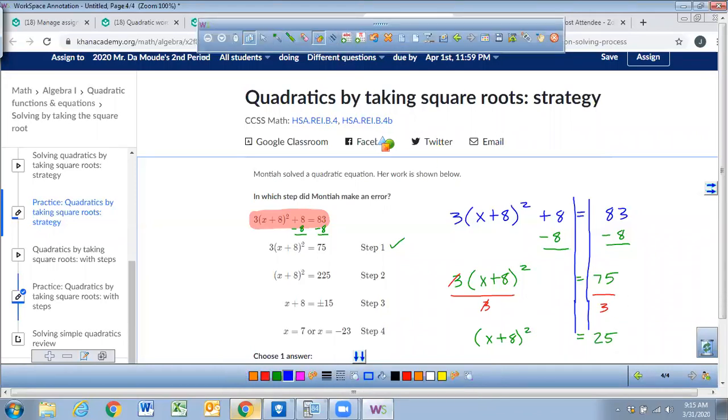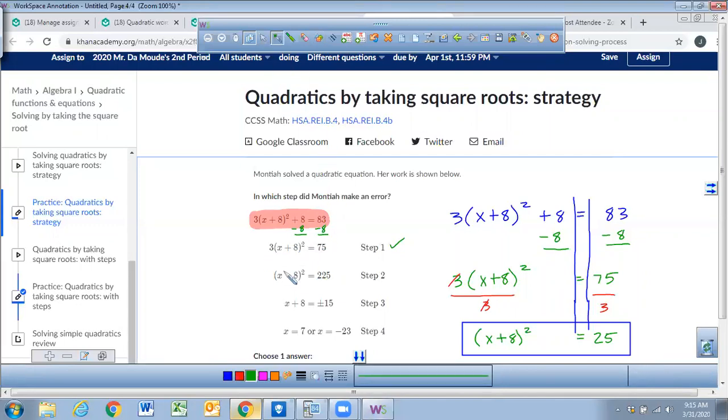That's what they were supposed to have gotten. What did they end up doing? It looks like she didn't divide both sides by 3. It looked like she multiplied both sides by 3. She was supposed to have divided both sides by the number 3, and that should have been 25, not 225. So right here, it looks like she messed up in step number 2.